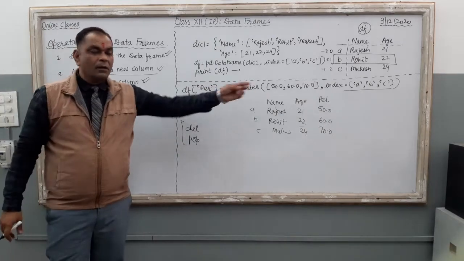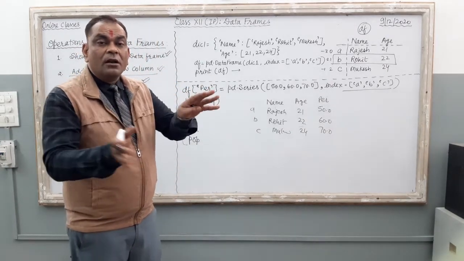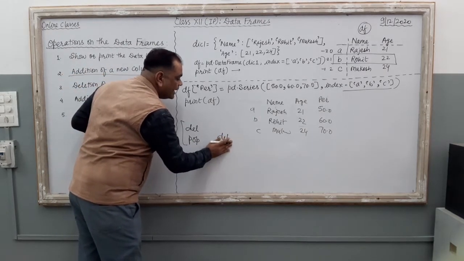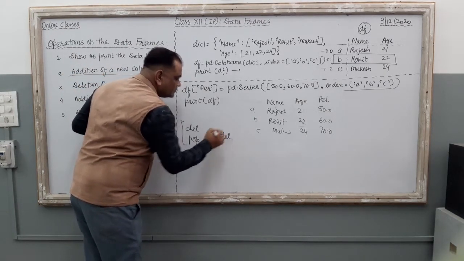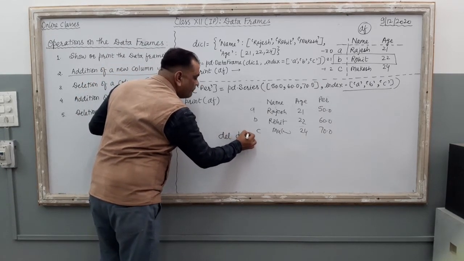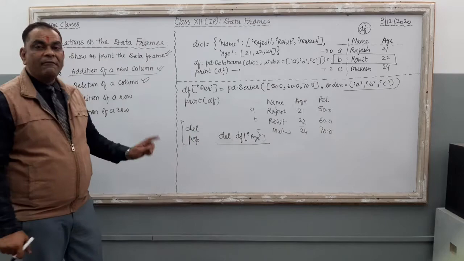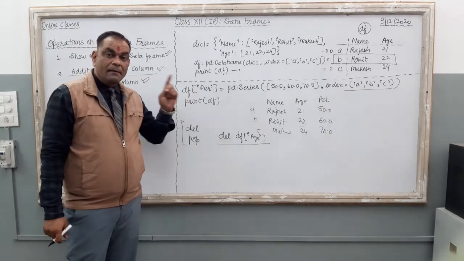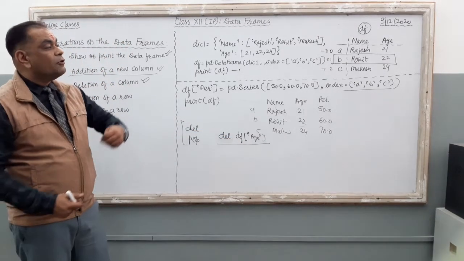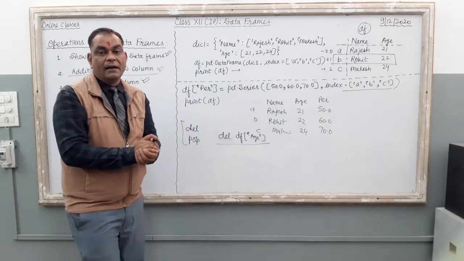For example, now I have created the percentage column, and I feel that the age column is of no use to me. I want to remove the age column from the data frame, remove it completely, delete it. So what command can I give? My first command is del, right, del then the data frame name, it is df, and with this I just supply the column name like this one. del df age. You have to give the same name as the data frame. del df age, instantly your computer is going to remove the column age. Now you will see only two columns, name and percentage. These two columns will be there in the data frame only, right?